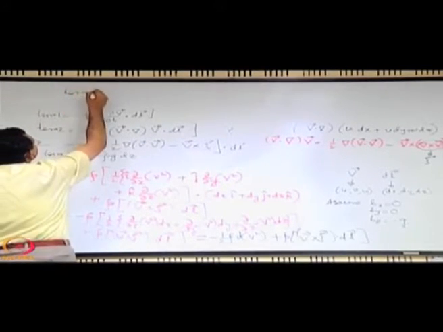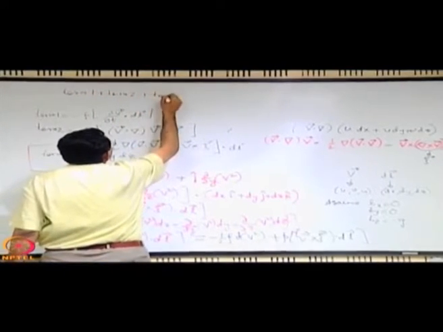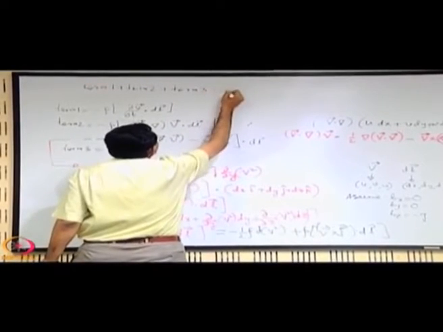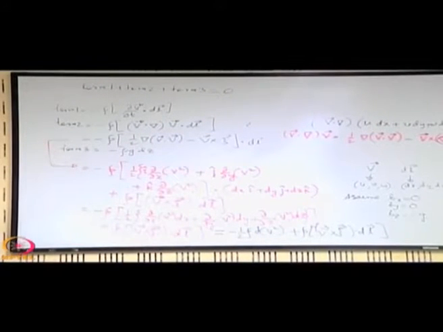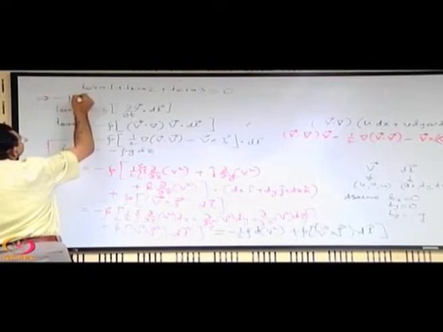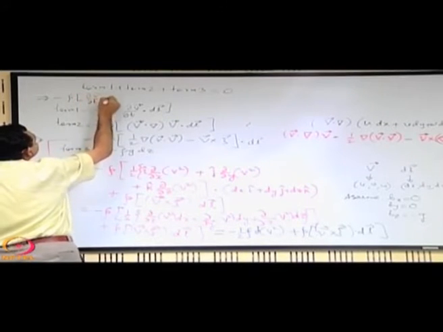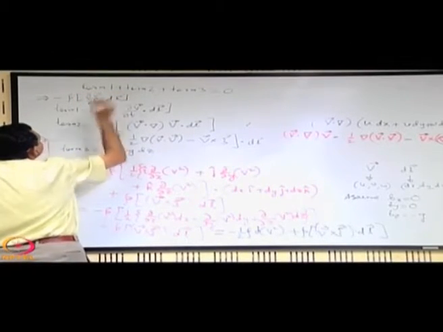Now, let us put back all the terms together in the equation. So, what is our equation? Our equation is term 1 plus term 2 plus term 3 is equal to 0. That means minus rho dp, that is term 1.